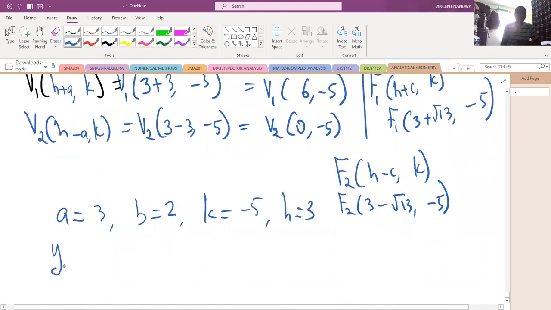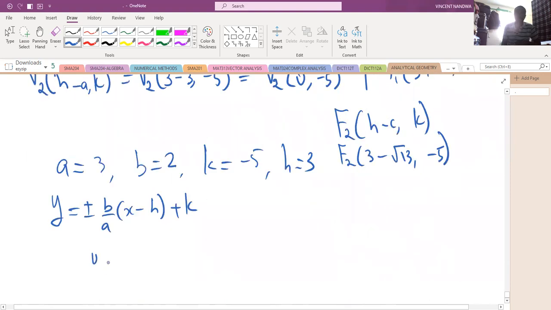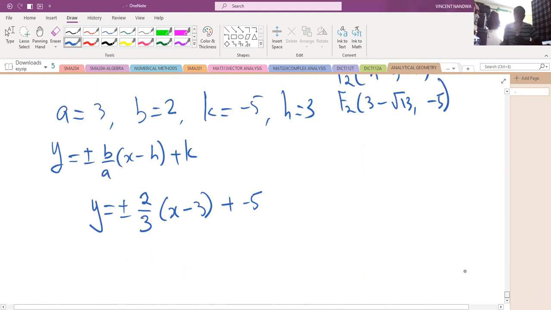When you put in these values, we'll have y equals plus or minus 2 over 3 into x minus 3, and then plus k, which is minus 5.